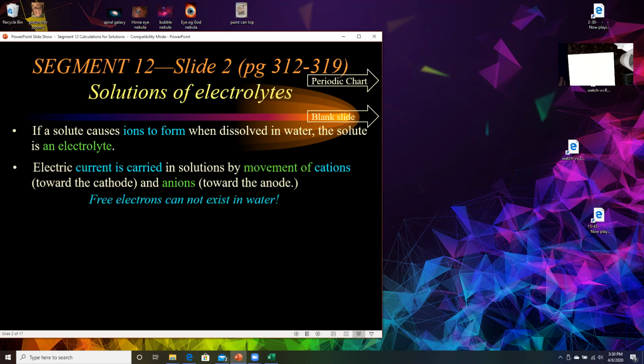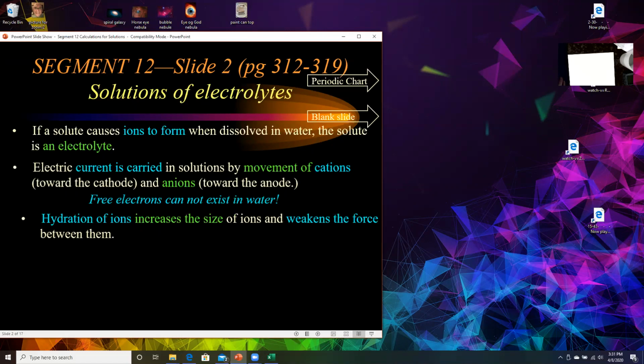And in that solution, that electron would release the hydrogen, but it would leave behind hydroxide. So if I put a negative ion into water, it's going to produce a negative ion inside the water, but it'll be the hydroxide ion. And that's what's going to move toward the other electrode in carrying a current. You cannot have electrons in water. They destroy the water. It's a process we call electrolysis.